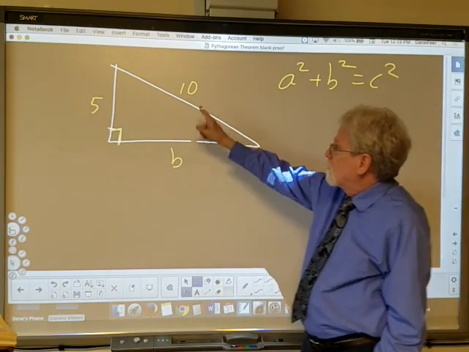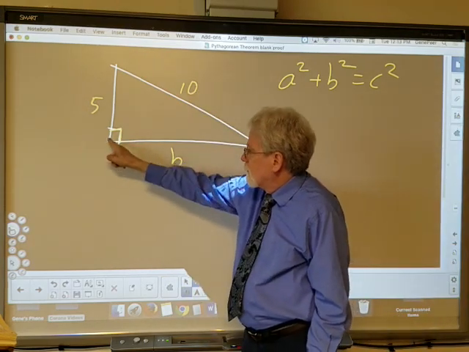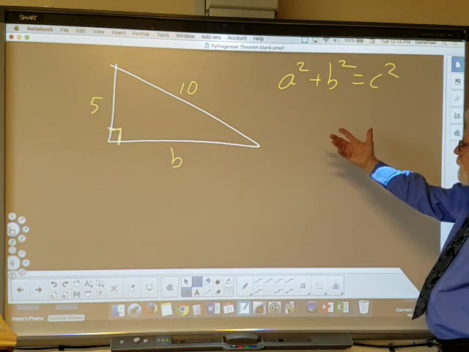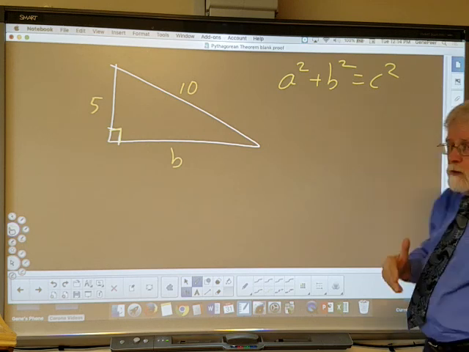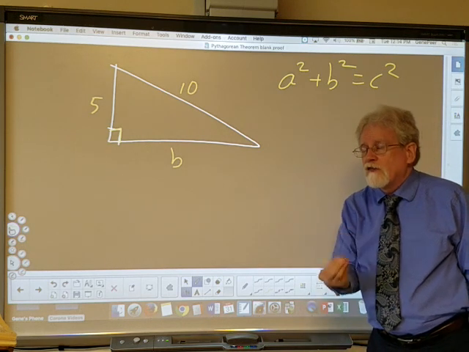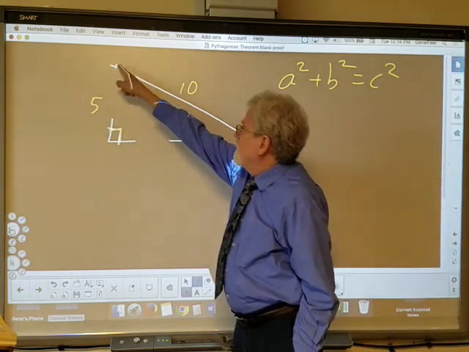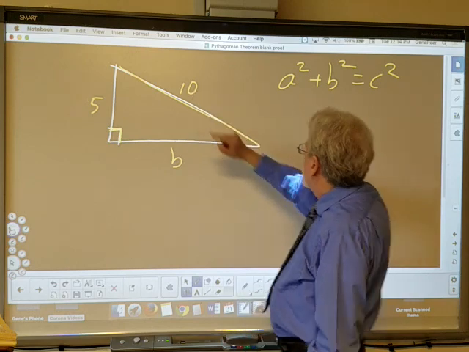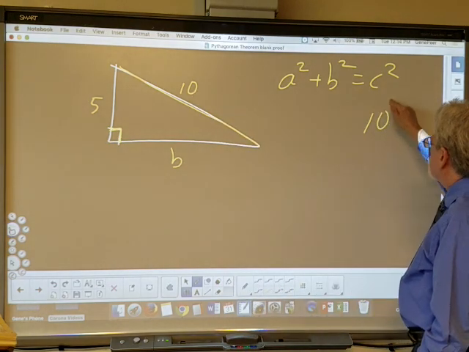Tradition, by the way, says we always put C opposite the right angle. That's mathematical tradition. All right, so with this guy, what do we do? We plug in what we know, and we solve for what we don't. But please, oh please remember, this is the hypotenuse, right? It's opposite the right angle. This has to go where C is. It has to. It's not optional.